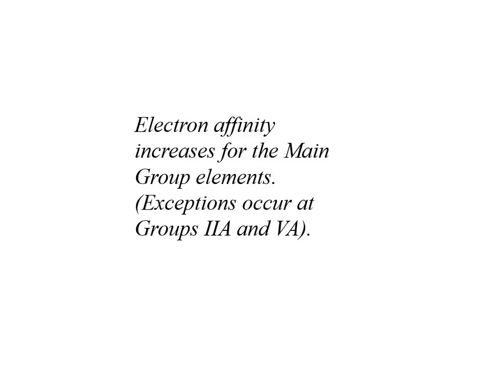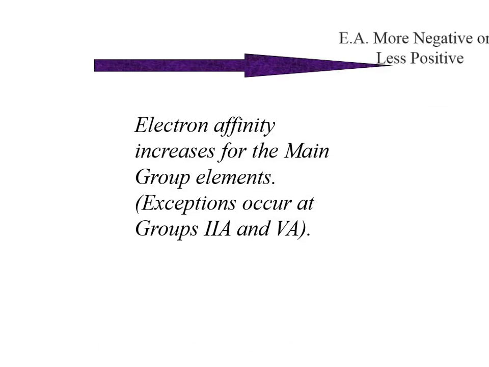So the reason I did the whole negative thing is that negative electron affinities are where energy is released, a more favorable situation. When I say electron affinity increases, it's actually potentially becoming more negative. Electron affinity, the want of an atom to have more electrons, increases. Does that mean a negative delta H?